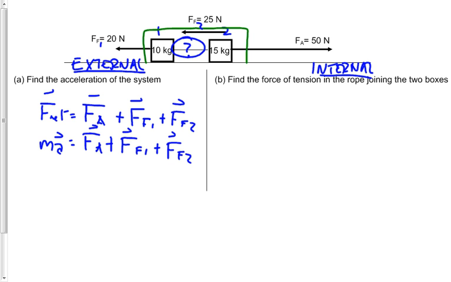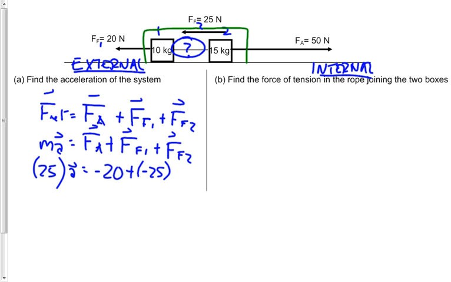M is 25 kilograms because I'm analyzing the whole system, external.